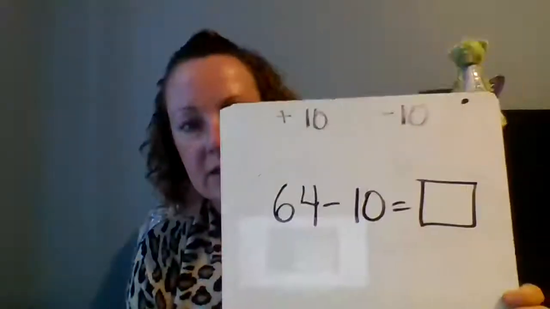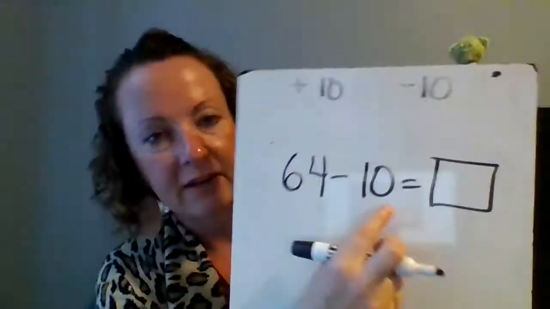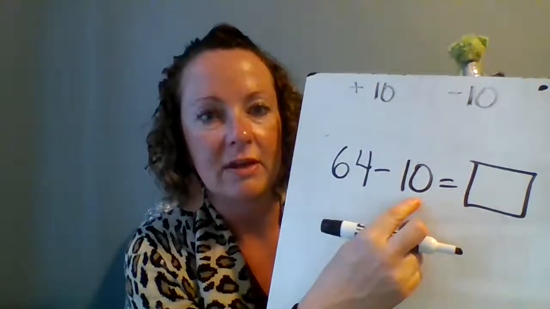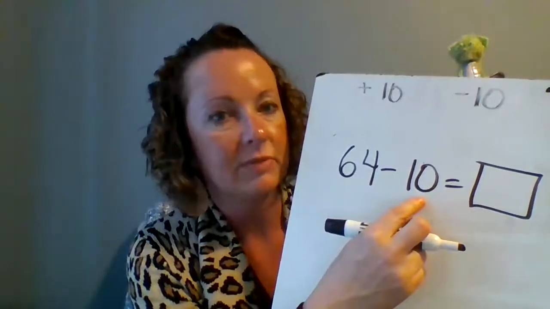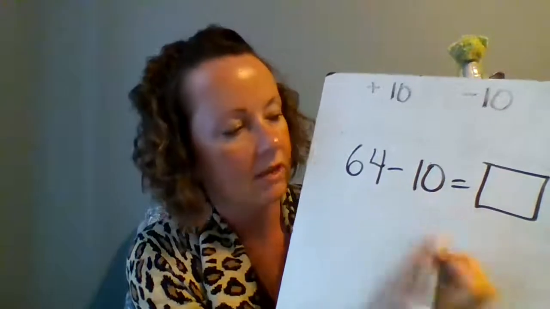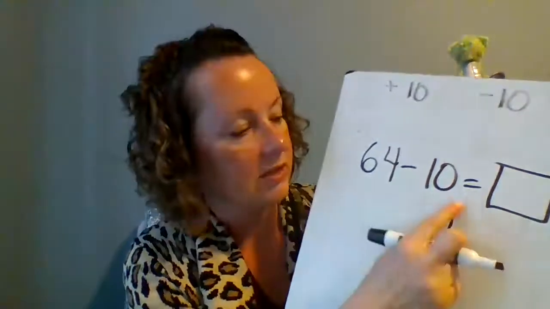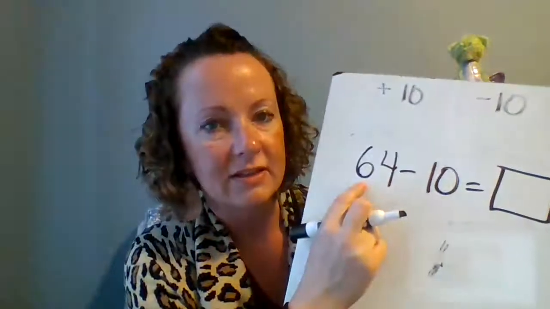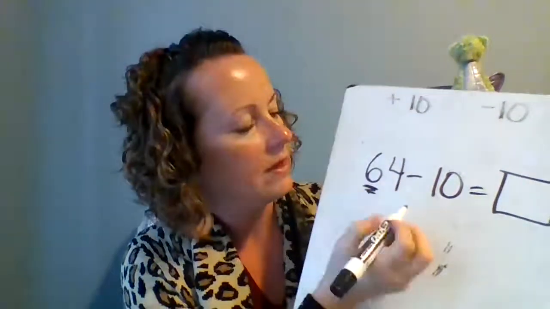Let's do 64 minus 10. Okay, 64 minus 10. Again, this 10 tells me that I'm only going to look at the number in the tens place. This is the same thing as that, 1 stick of 10, right? So 64 is 6 tens, 4 ones.